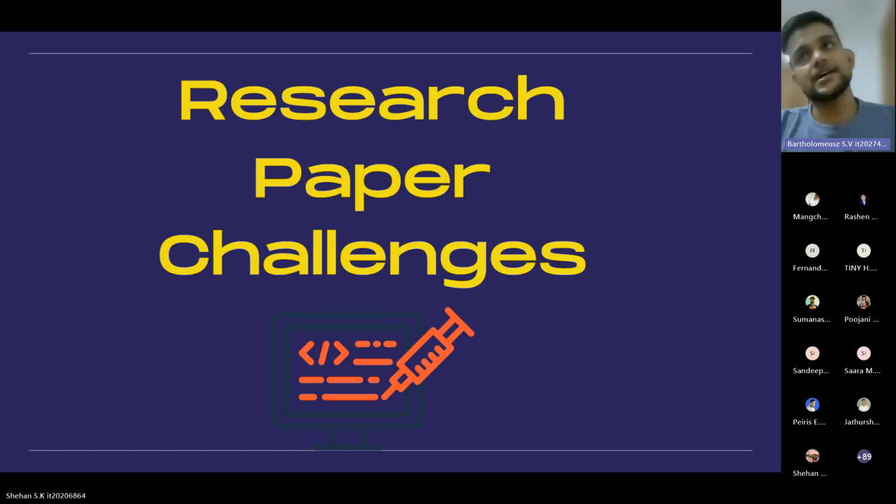For the June batch, you do not have the option to publish your paper at ICAC, because ICAC's research paper submission starts around October, November or so. By that time, you will have finished your research work and be done with everything.